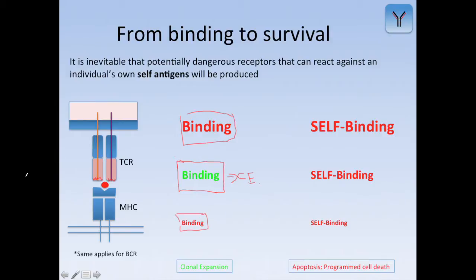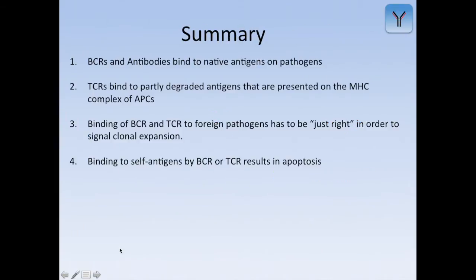And this applies the same for B cell receptors. So in summary, the B cell receptors and antibodies bind to native antigens and pathogens. This is very key: native pieces. T cell receptors bind to partly degraded antigens that are presented on the MHC complex of antigen-presenting cells.